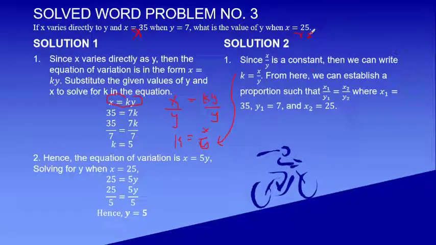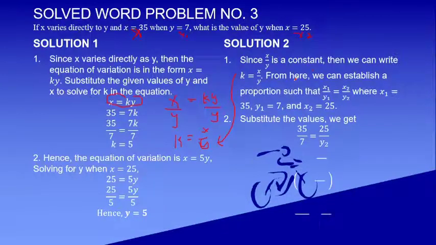Actually, binabalikan lang natin yung lesson nyo sa ratio and proportion, no? Then, your y sub 1 is 7. Yan. Kaya lang, hinahanap ngayon yung y sub 2. Substitute the values so we can get this.